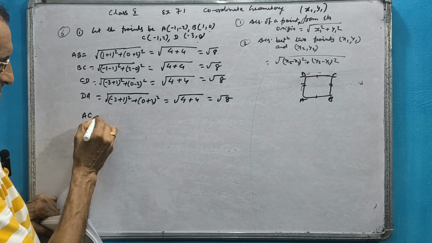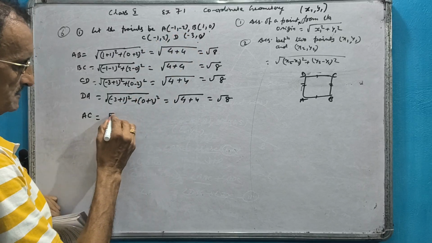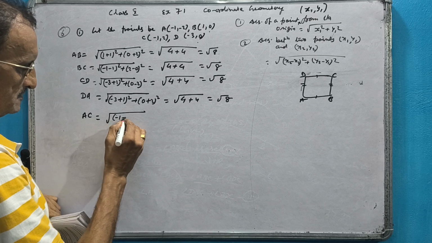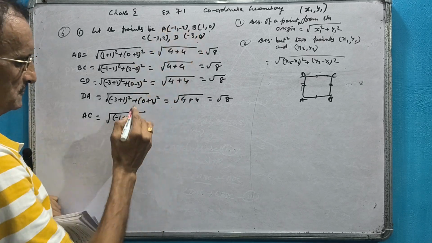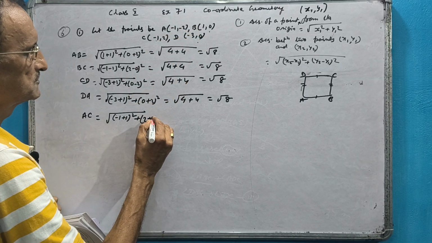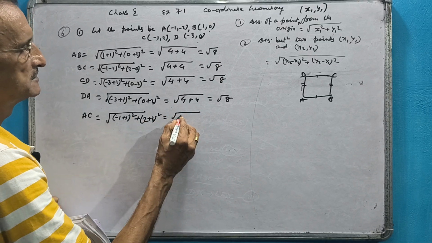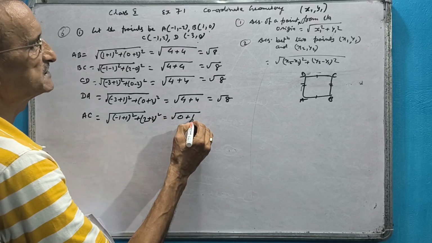So find AC, or CA. x2 minus x1: (-1 minus (-1)) whole square plus y2 minus y1: (2 minus (-2)), it will become plus 4 whole square. This is 0 plus 4 square, which is 16.